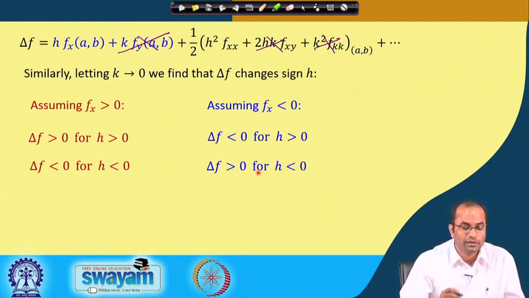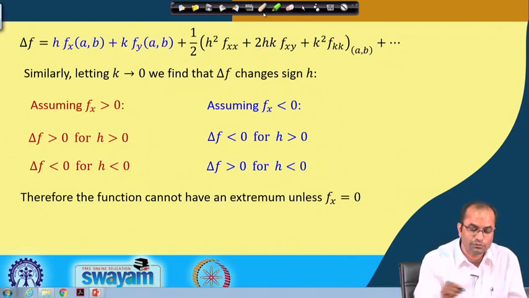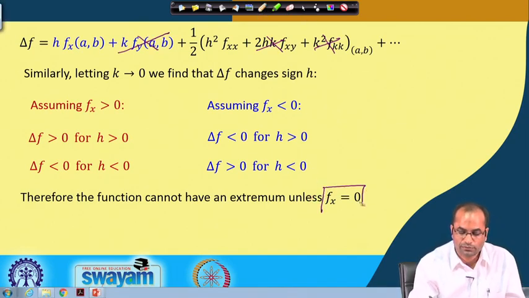So, again to have (a, b) as a point of local extremum, we must have f_x equal to 0. Earlier we observed that f_y must also be equal to 0.